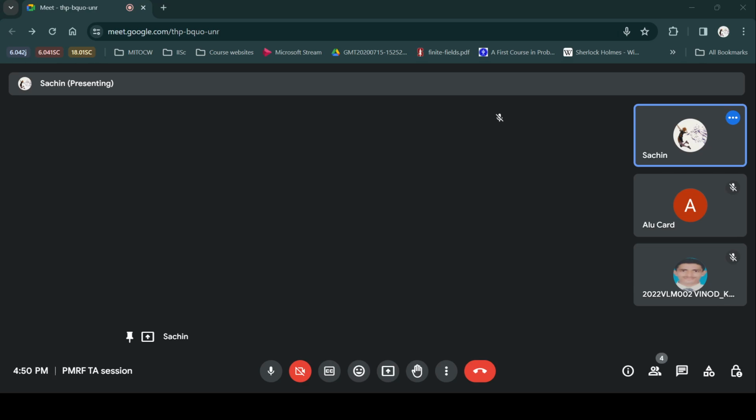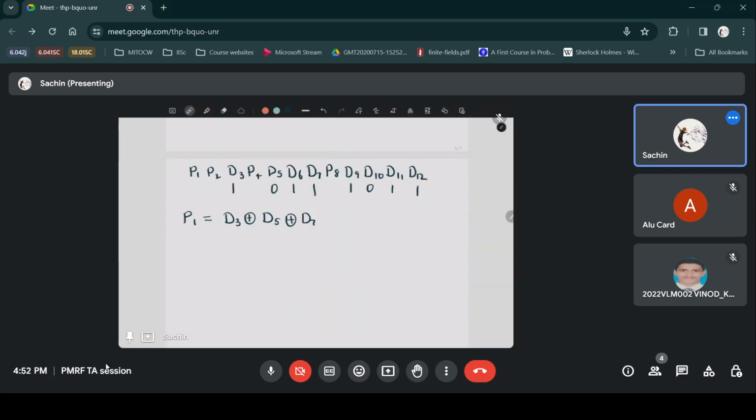Now to find parity bits, to find P1, we do D3 XOR D5 XOR D7 XOR D9 XOR D11, which is nothing but 1 XOR 0 XOR 1 XOR 1 XOR 1.